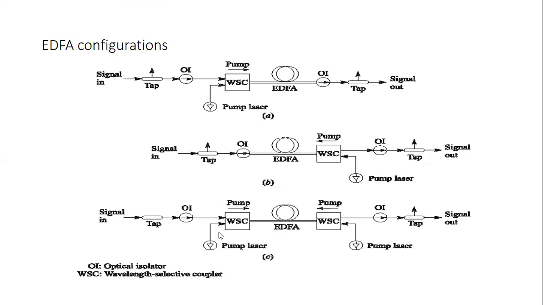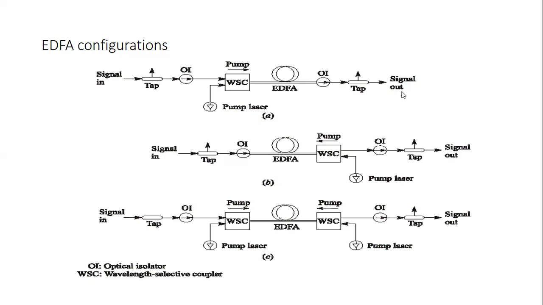So basically this is the EDFA architecture. In this you can see that there are three configurations in which EDFA can be used. Here you can see there are different components while configuring this EDFA, that is the optical amplifier.